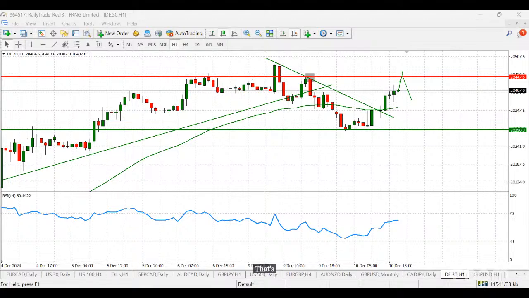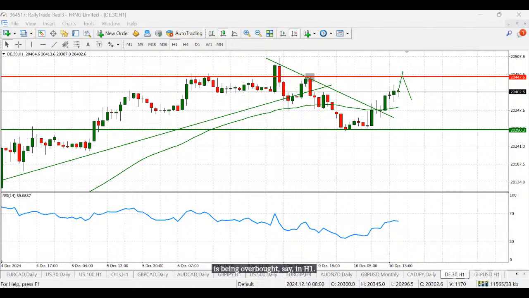Say in H1 it reaches 70 and above, which is overbought.